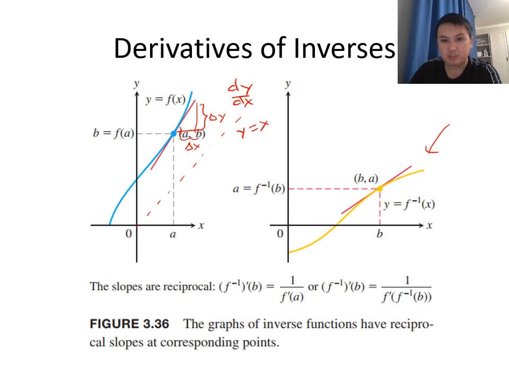Well, now that you reflected the graph, taking the inverse, you reflected the graph along y equals x. What happens? Your y and x variables are interchanged. So it's no surprise that the slope at the same point is flipped, becoming simply dx dy.